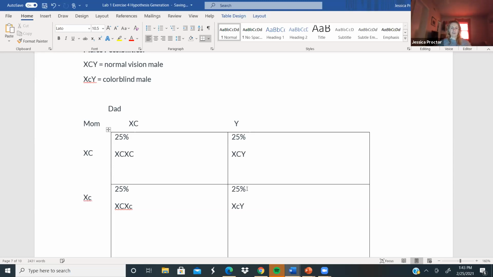Okay, so if the question is asking, what is the probability that these two parents would have a daughter that is colorblind? First of all, in order to be a daughter, we would need two X chromosomes. So we're just looking at this quadrant and this quadrant. They have a 0% chance of having a daughter that is colorblind.